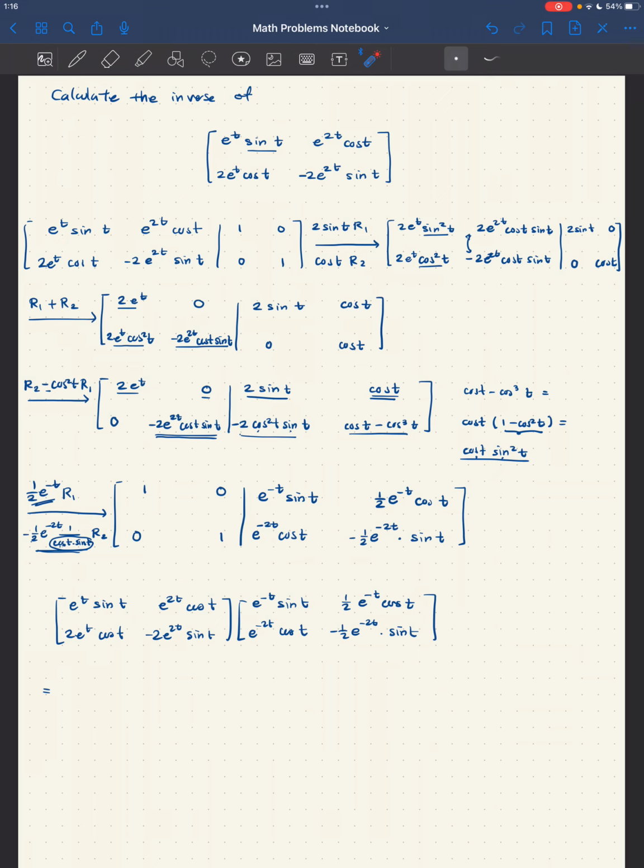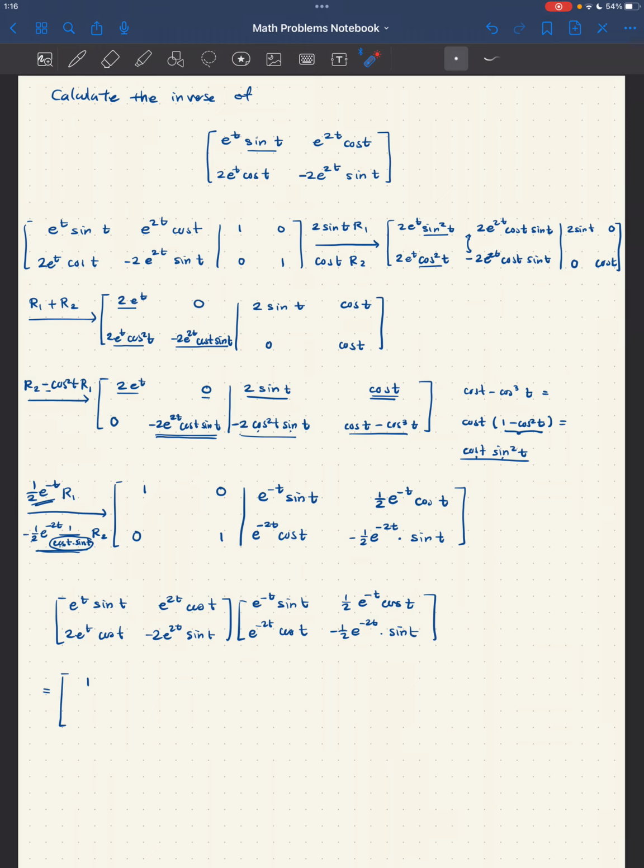Now, when I multiply this against this, it is e^(2t) times e^(-2t), cosine t times cosine t. What survives is cosine squared. So I have my entry at column 1, row 1. It's cosine squared plus sine squared, but cosine squared and sine squared, that's 1.